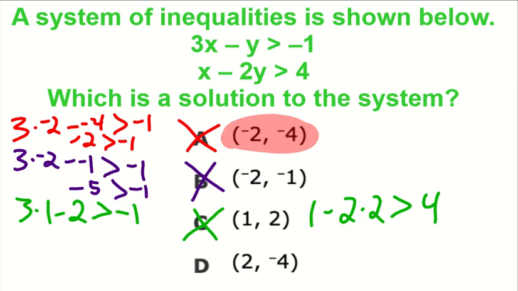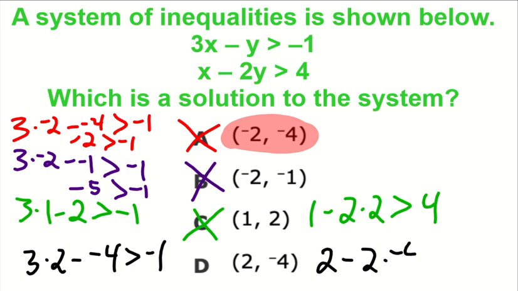So I've got 3 times 2 minus -4, and it needs to be greater than -1. 3 times 2 is 6, minus -4 is 10. Is 10 greater than -1? Yeah. Then we plug it into the next one. I got 2 minus 2 times -4.